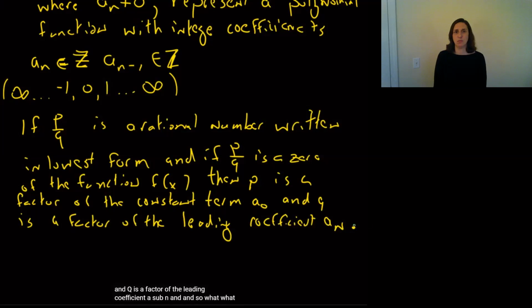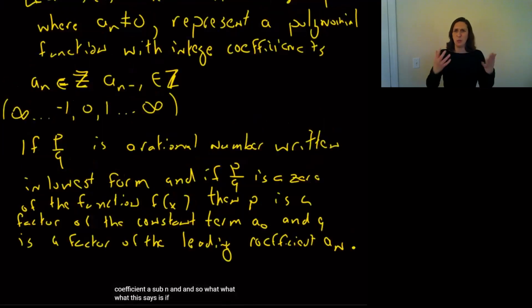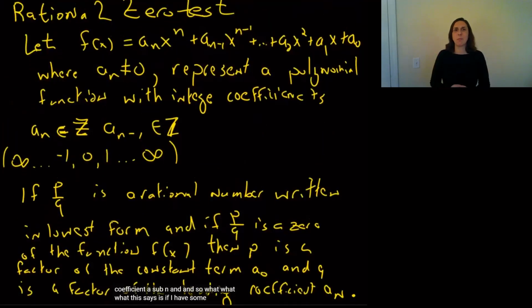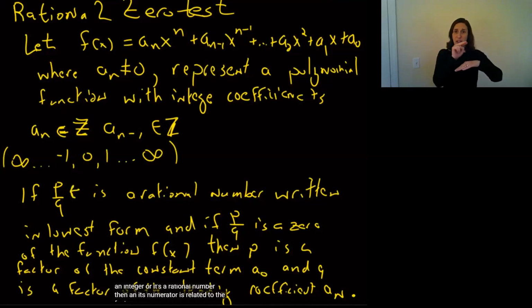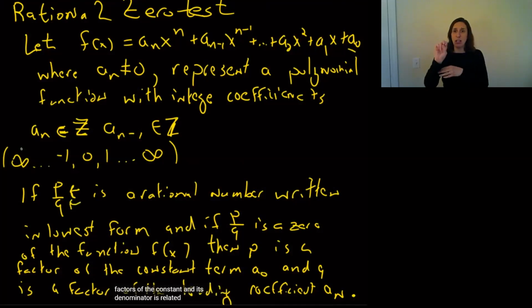And so what this says is if I have some number that is a 0 of the function, and it's an integer, or it's a rational number, then its numerator is related to the factors of the constant, and its denominator is related to the factors of the leading coefficient.